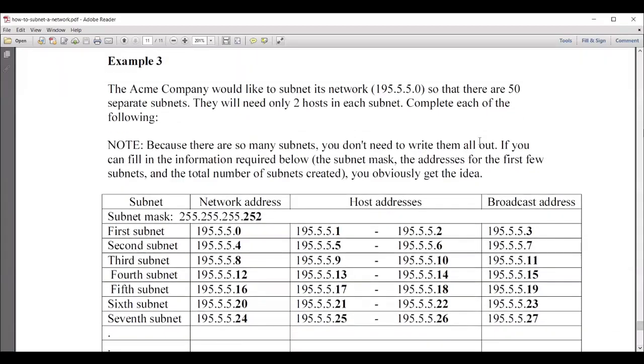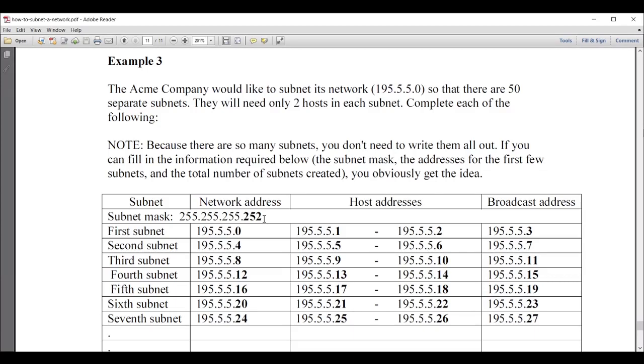They have to make 50 separate subnets, and they'll need only 2 hosts in each subnet, right? So they have to utilize 6 bits. 2 to the power 6 means 64. So whether they like it or not, they have to utilize that. And then only 2 bits are remaining for the hosts. 2 bits means 2 to the power 2, which is 4.